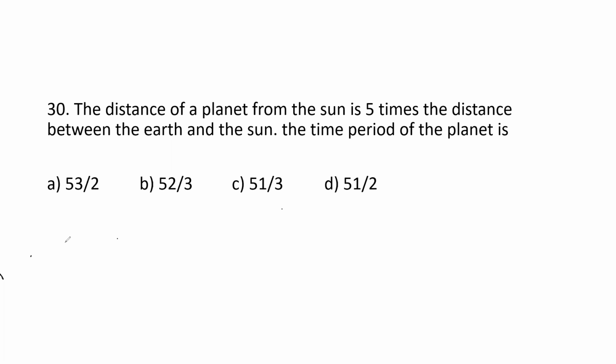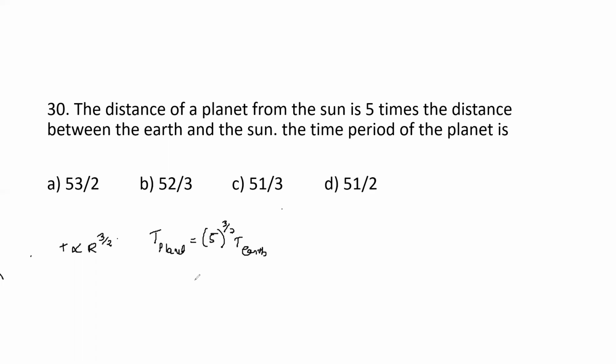According to Kepler's law, we can write T is proportional to R raised to 3 by 2. So the time period of the planet is equal to 5 raised to 3 by 2 into the time period of the Earth.